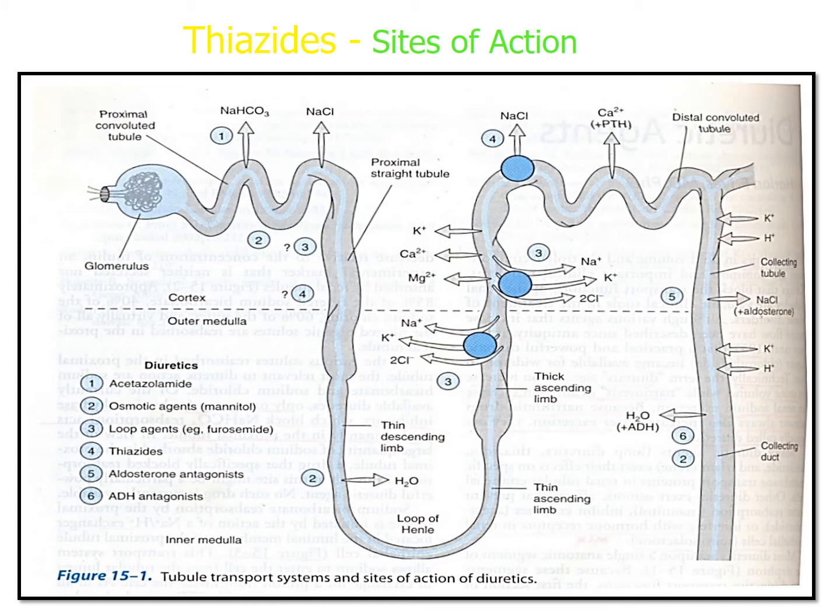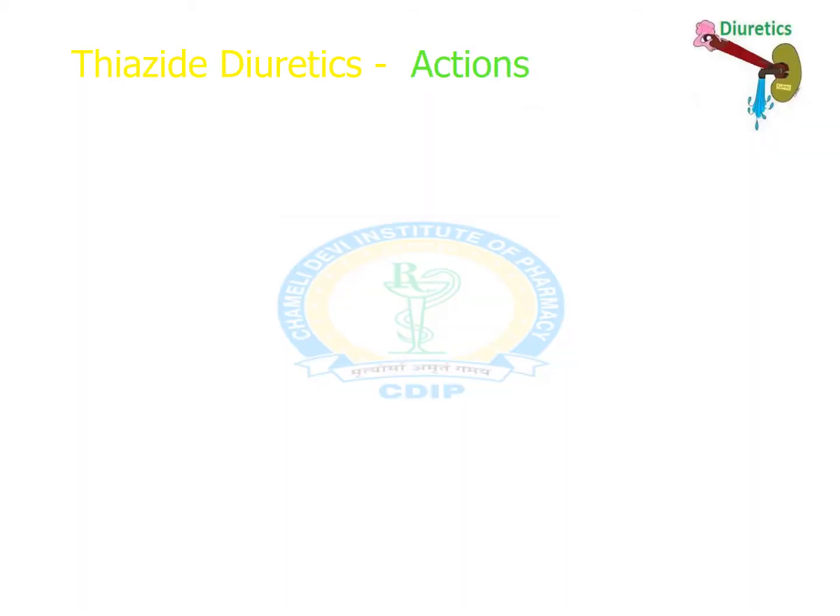So let us begin with the thiazide diuretics, which are mostly prescribed drugs. As you can see, thiazide diuretics act basically on the sodium and chloride symport. Here we can see the site of action of thiazide diuretics.